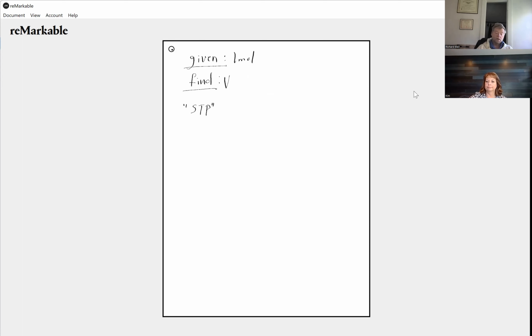STP stands for standard temperature and pressure. This is chemist shorthand.